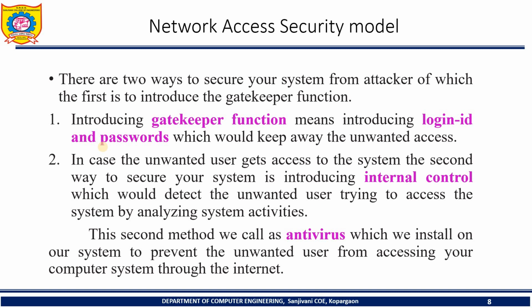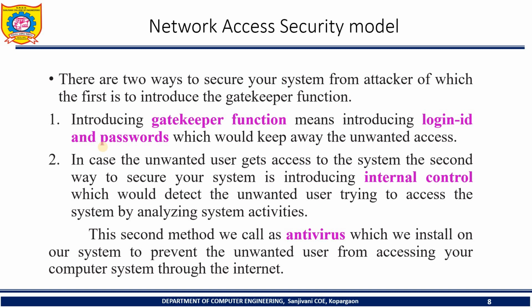For example, you can introduce a login system with login IDs and passwords, and only genuine, authorized users who have the login IDs and passwords can access your system. Unauthorized users cannot access the system. So this is the first way to block unauthorized access.